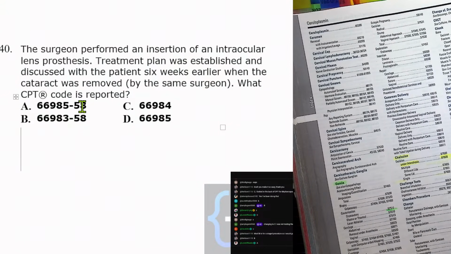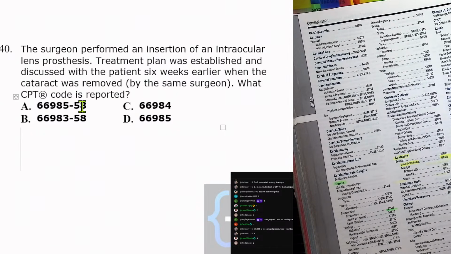So Wilson, how long is a global period for their prior surgery? Let's see. 6 weeks earlier, they had a cataract removed.